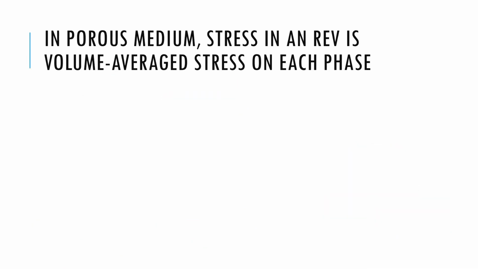So if you did the transport modules in this series, we talked about averaging things over an REV, or a representative elementary volume. This has been defined in the introductory module for transport.